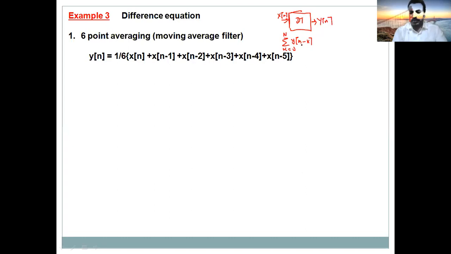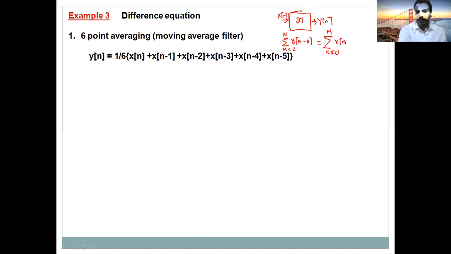The summation of outputs, present output and all the last outputs, equals, on this side, inputs. Again, inputs can be present input up to M values of the past input.